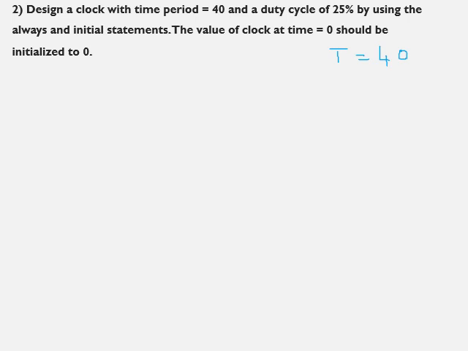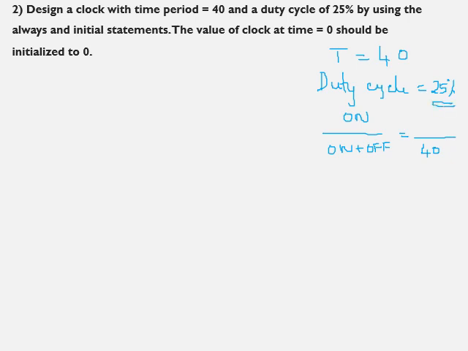So duty cycle is 25%. So what do you mean by duty cycle? Duty cycle is nothing but on period by total period, that is on plus off. So total cycle period is 40. So to get 25% duty cycle, the on period should be 10.